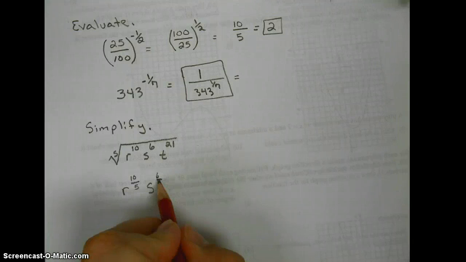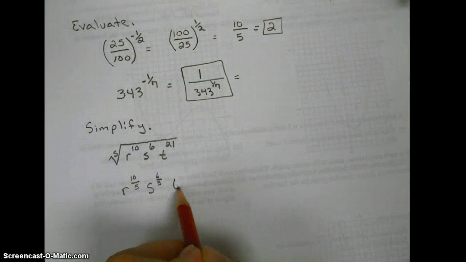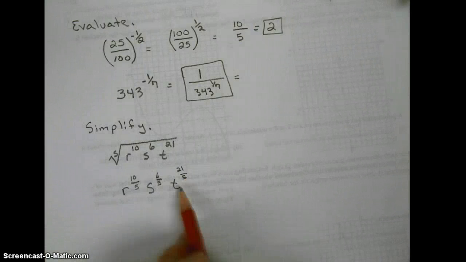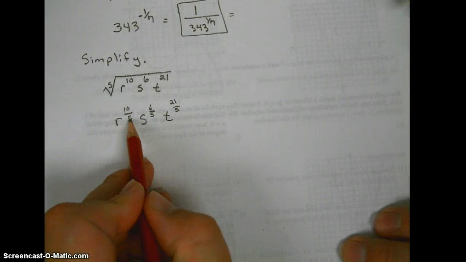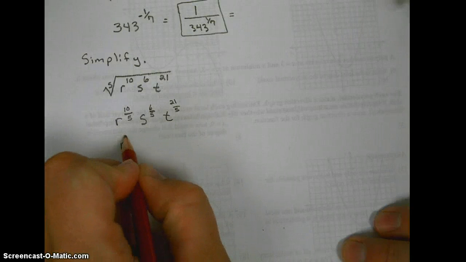The root? Correct. T, the power, and the root. Okay, so now we're going to simplify this down even further. Well, 10 divided by 5 is 2. So we're going to have r squared.